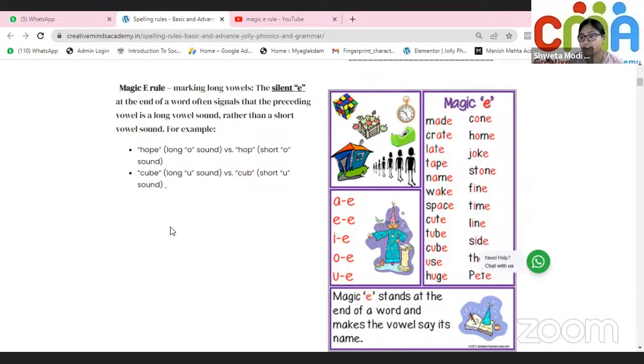Yes, very good, Vanita. So in the word complete, you can see that E long vowel sound is there, right? Think of more such words. So sometimes you will find this rule even in the words which have more than one syllable. Yes, delete, very good.